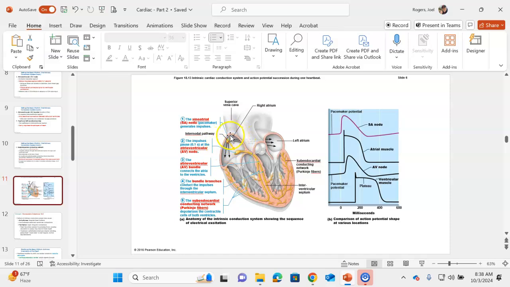So SA node first at the fastest, and then the AV node second, but slower than the SA node. And then third on the list is actually the Purkinje fibers. So from fastest to slowest: SA node, AV node, Purkinje fibers.